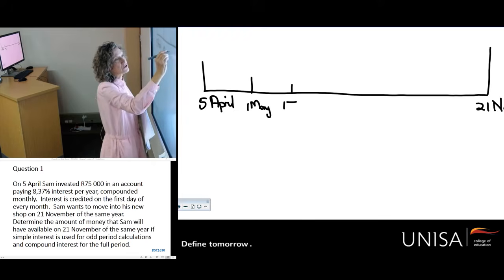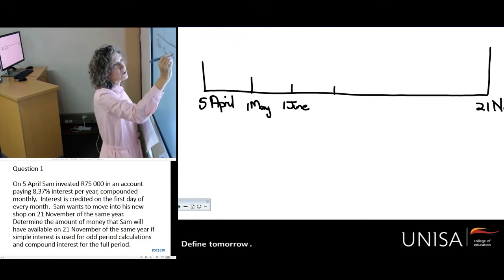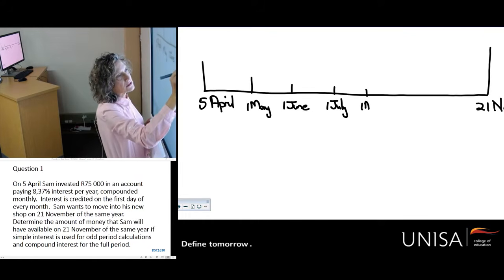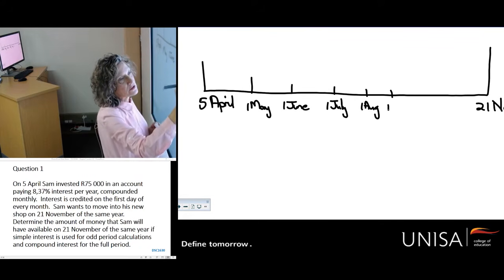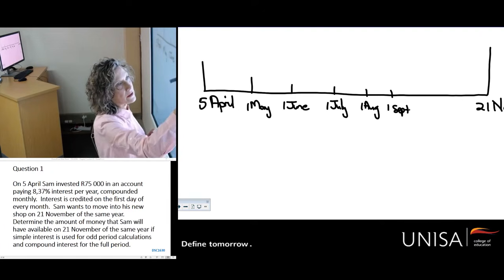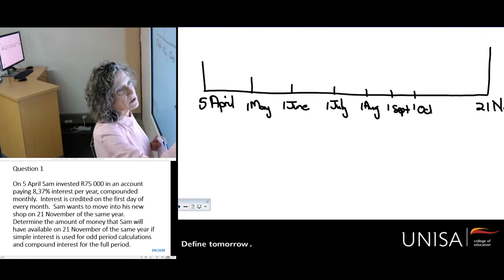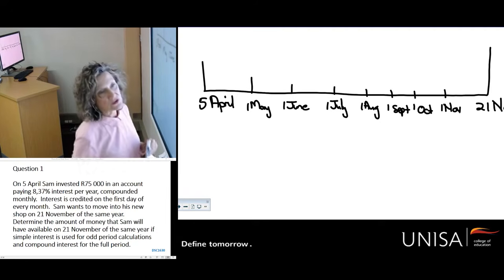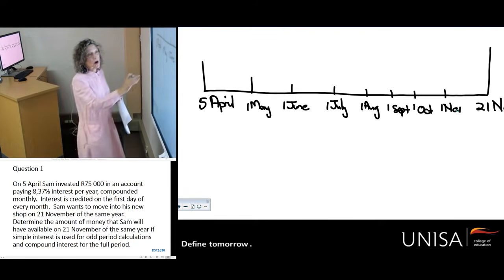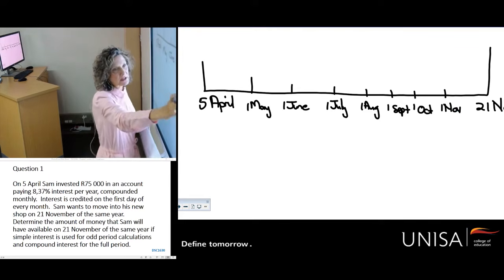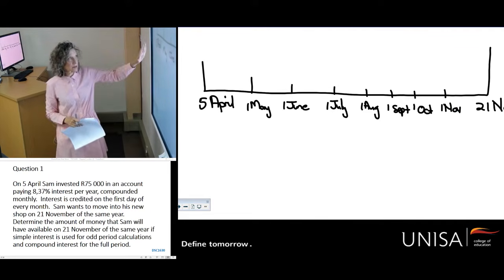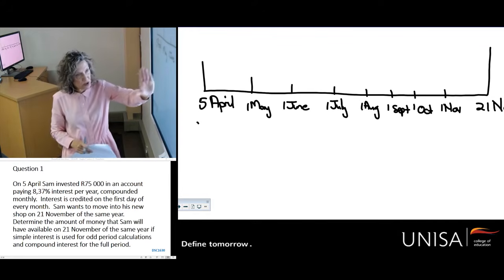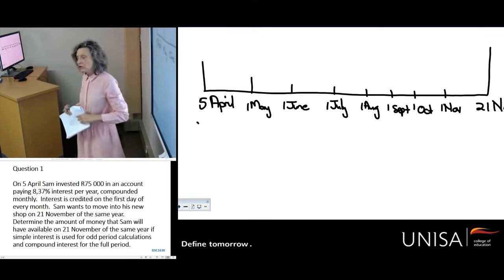Then the 1st of June, 1st of July, 1st of August, 1st of September, 1st of October, and the 1st of November, and then the 21st of November. So our interest dates we fold in, and that is our second step. So our first step is first date and the end date. Secondly, in between all our interest dates.